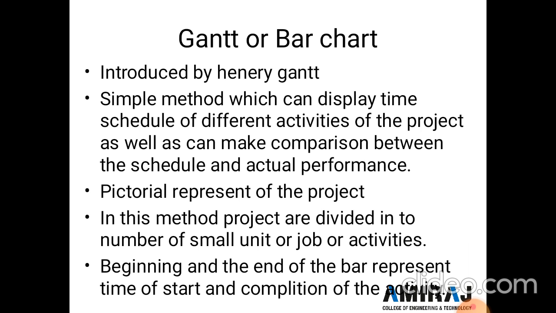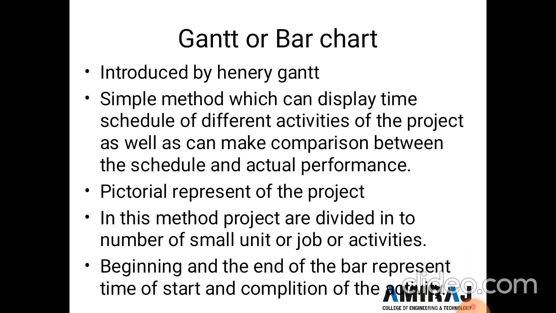The bar chart is a pictorial representation of the project on two coordinate axes. In this method the project is divided into a number of small units or jobs, and these small units, like activities or jobs, are shown on one axis by means of horizontal narrow strips called bars.